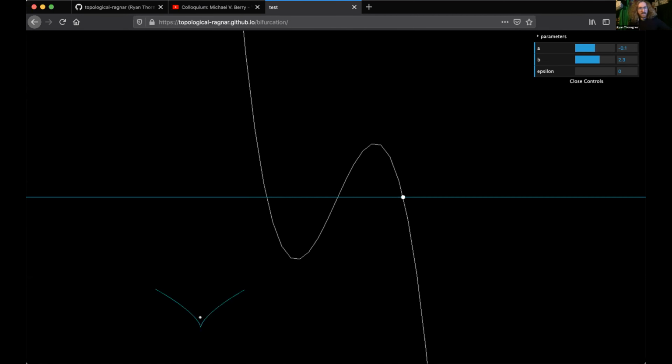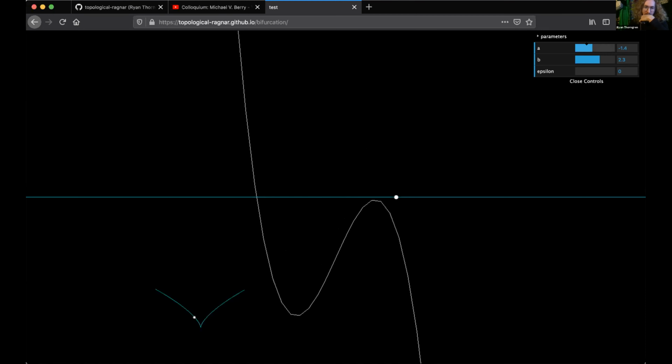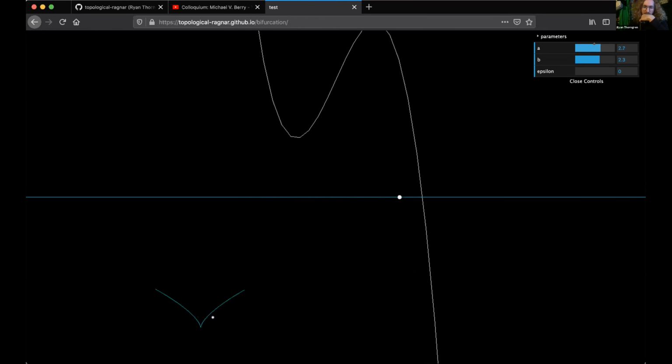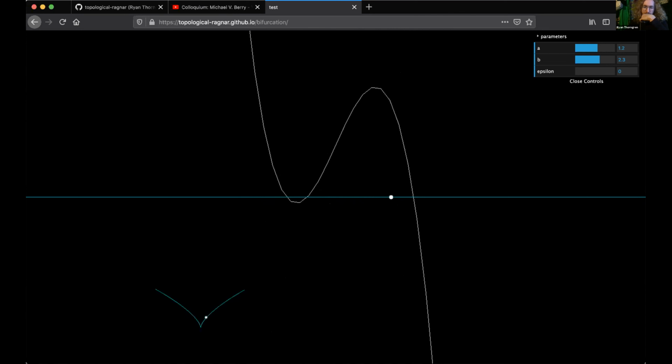And so the last thing that I want to say about this is that here I've drawn the phase diagram. We have two parameters in this model, A and B. Here, this point is plotting the pair AB.